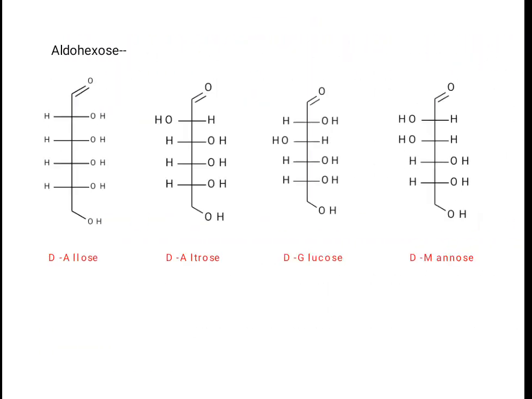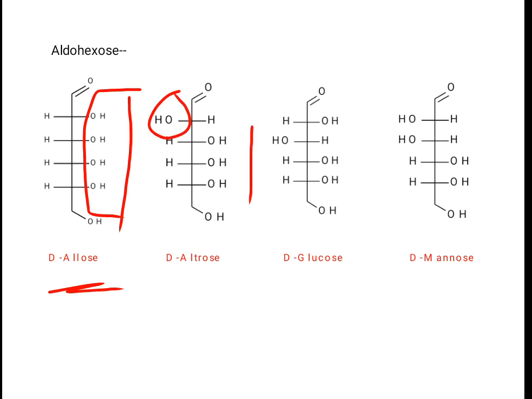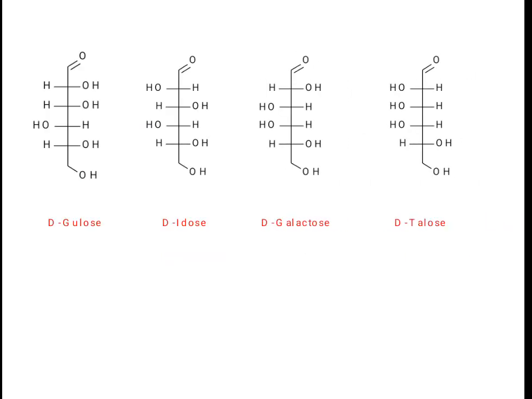In case of allose, see that all 4 OH are on the right hand side. That means all these 4 are on the same side. Now in case of altrose, the first one is on the left and the rest of the 3 are on the right. So you can generalize it in this way.